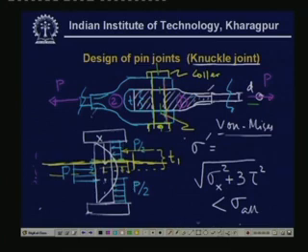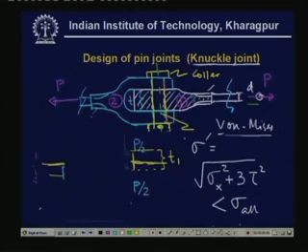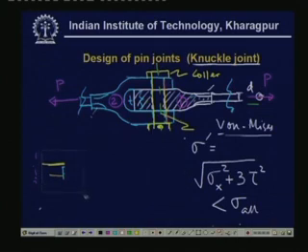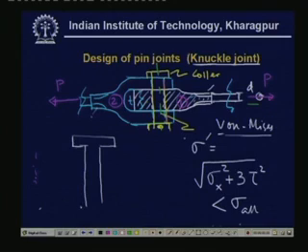Now, this is for the case where the distribution is such. Sometimes we have to use other kinds of distribution, so let us take a different case. We see this is the pin, and sometimes the following distribution is used.